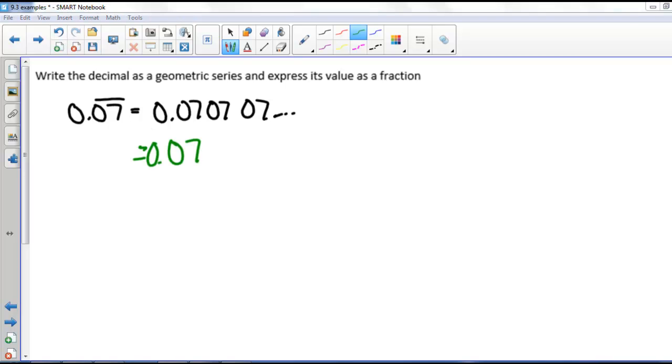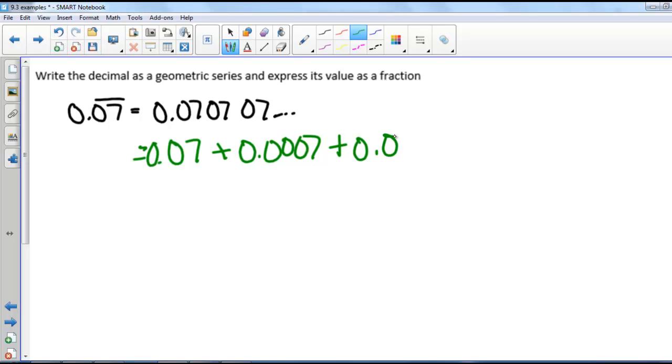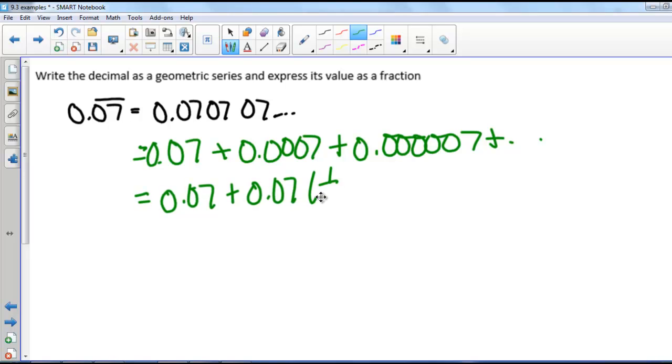So this looks like 0.07 plus 0.0007 plus 0.000007, and so on, which we can rewrite as 0.07 plus 0.07 times 1/100th plus 0.07 times 1 over 100 squared, and so on.